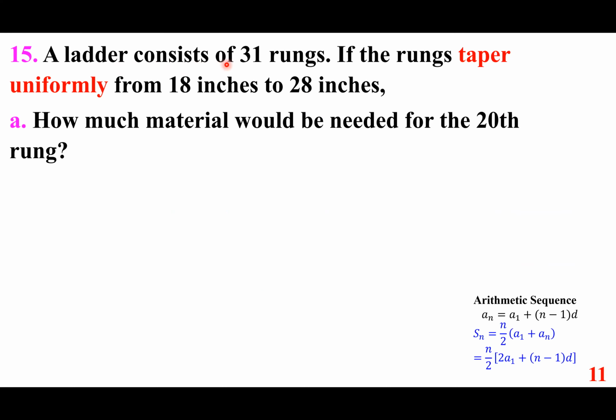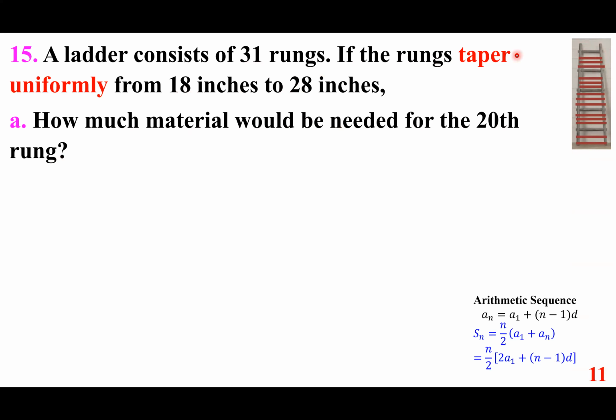A ladder consists of 31 rungs. If the rungs taper uniformly from 18 inches to 28 inches, how much material would be needed for the 20th rung? So it starts from somewhere. There are a total of 31 rungs.